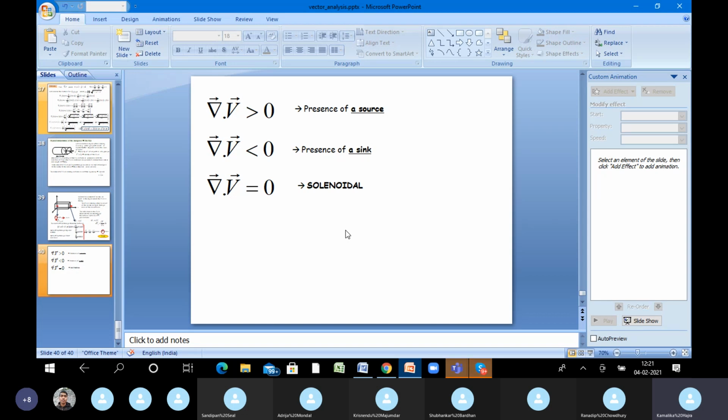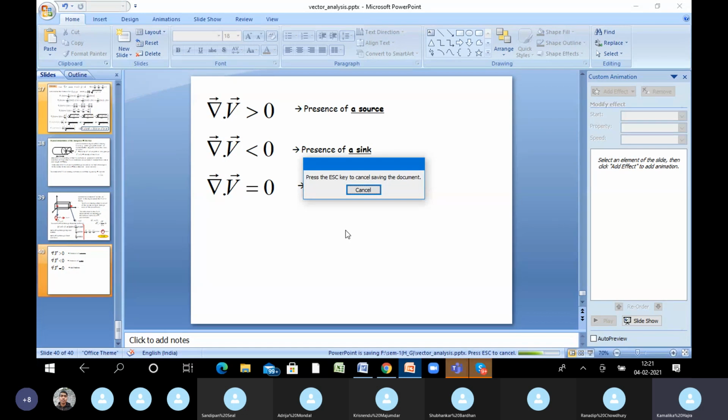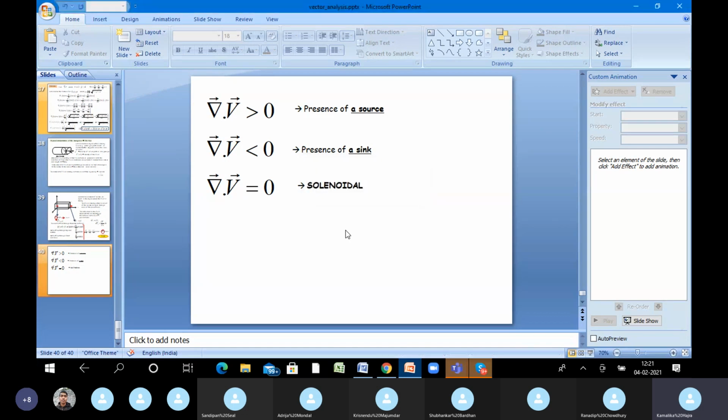Now all of you know that a magnetic field is always dipolar, right? It always has two poles. Can magnetic monopoles exist? No, ma'am.